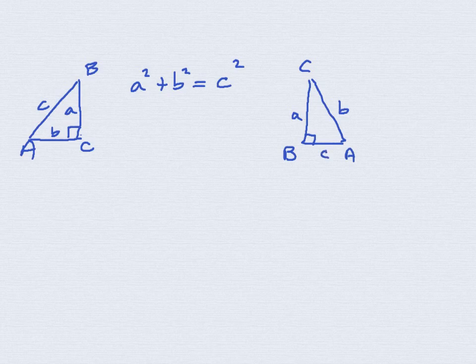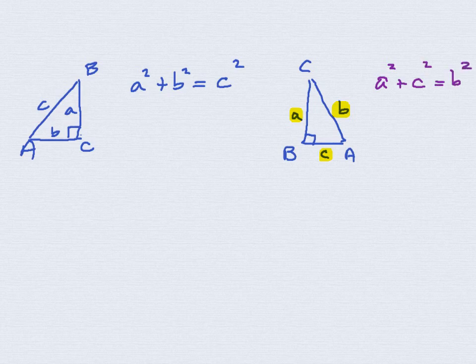And to write the proper Pythagorean theorem for this triangle would not work with a squared plus b squared equals c squared. It would have to be, for this one, the leg a squared, plus the second leg, c squared, equals the hypotenuse b squared.